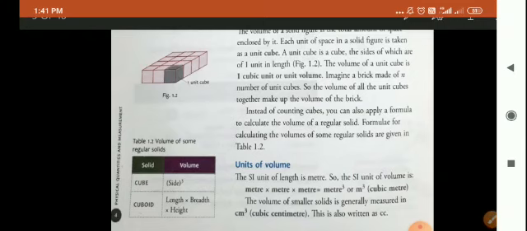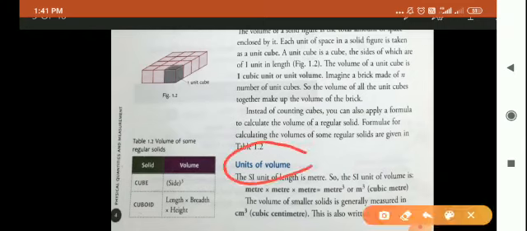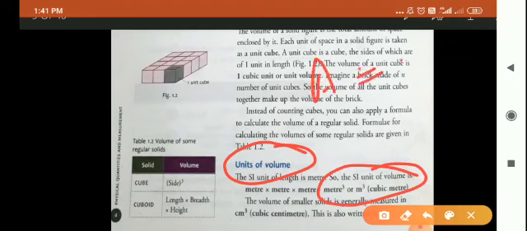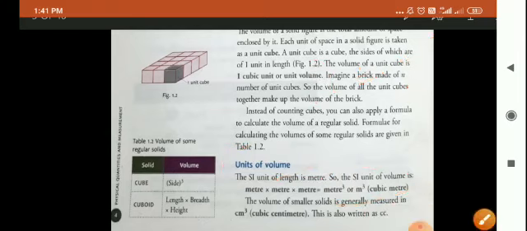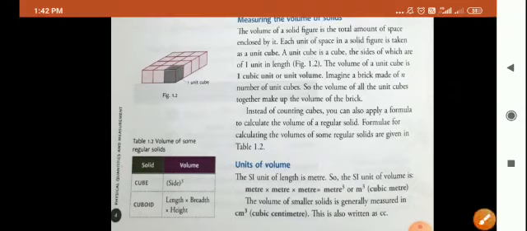Okay, children, now let us come to units of volume. As you know, the SI unit of volume is cubic meter. What was the SI unit of area? The SI unit of area was square meter. Similarly, the SI unit of volume is cubic meter. Since the SI unit of length is meter, the SI unit of volume is, because in volume we take 3 things, either length, length, length, or length into breadth into height, and all the quantities are the same.